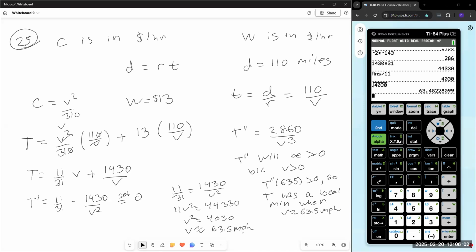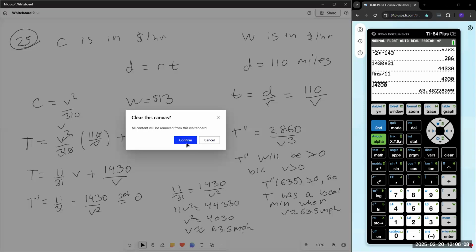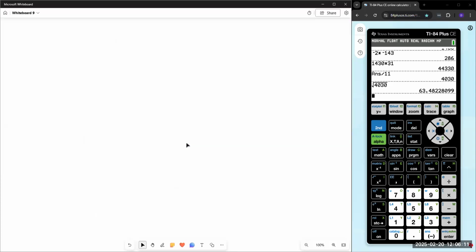Okay, we'll wrap up with number 26 here. It's exactly like number 25, but with some different numbers in it. So again, we have a distance of 110 miles. We're going to have D equals RT. So T is going to be D divided by R, which is going to be 110 divided by V. Our fuel cost is going to be given to us as V squared over 250 this time.